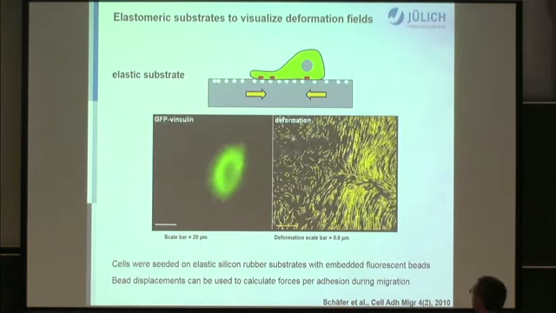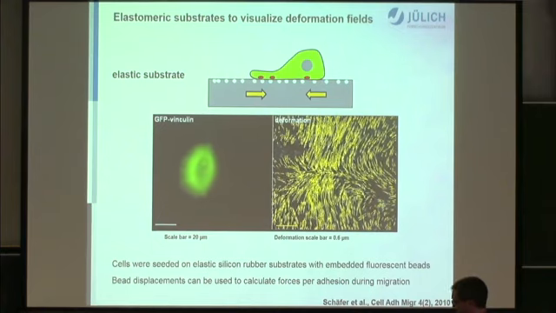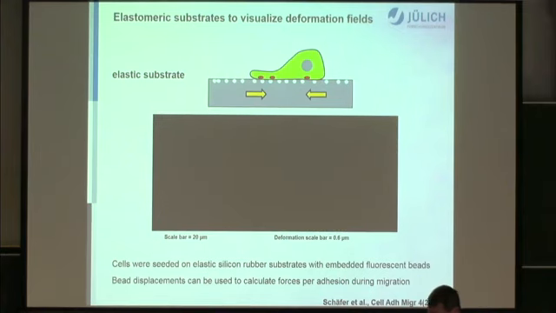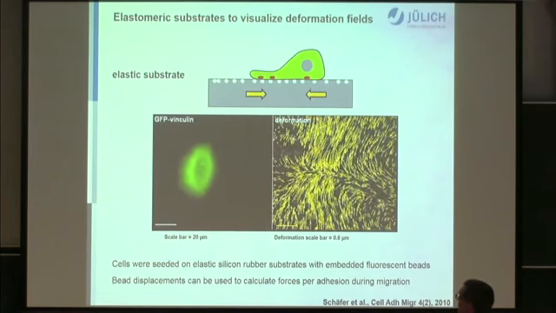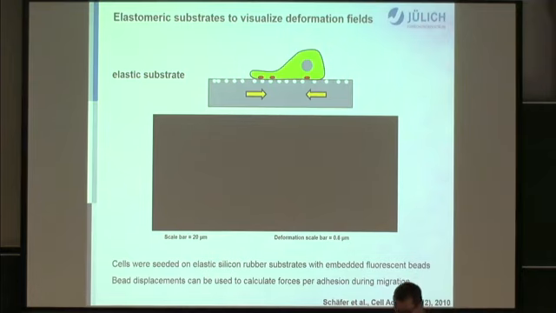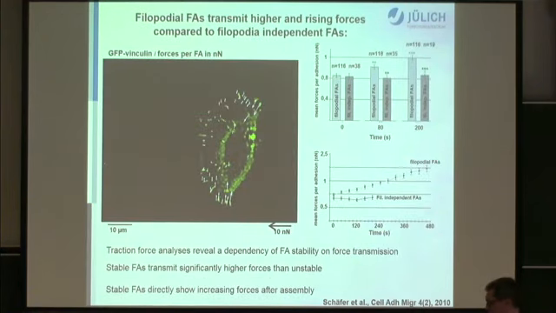The displacements of the marker particles can be detected and then back-calculated into forces. You can see here what is actually happening. If a keratinocyte is migrating over such a surface, the marker particles become displaced on the surface, and this can then be used to calculate the forces applied to the surface for every focal adhesion. And this is shown here.